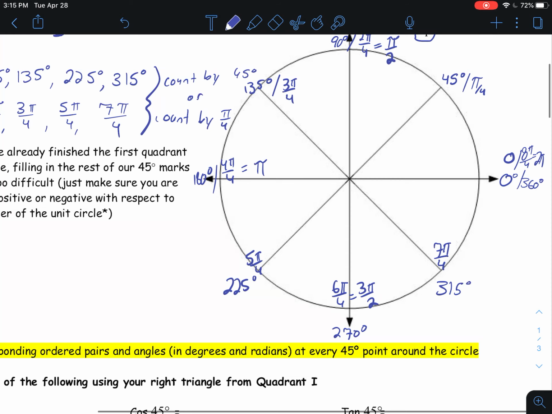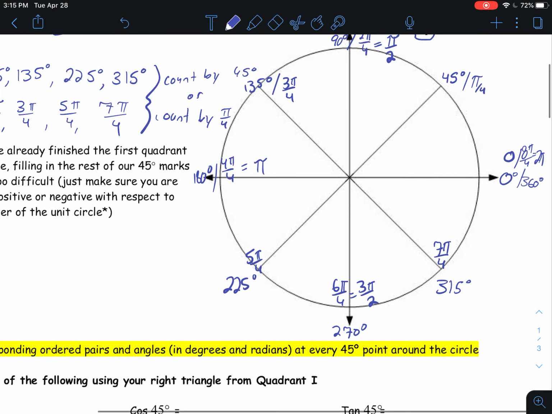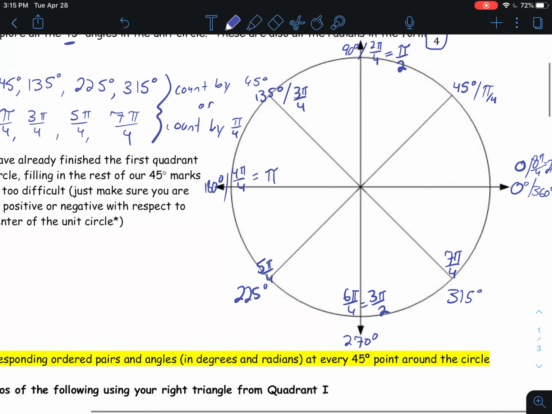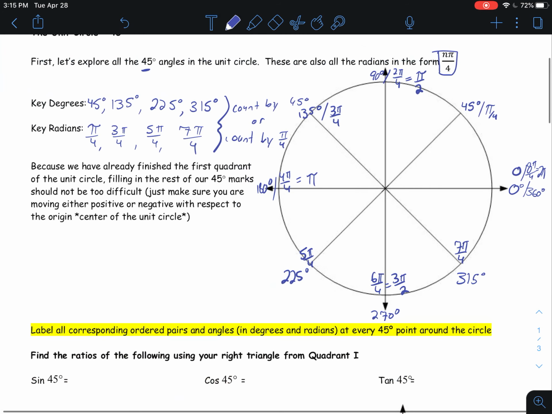So that is the easiest way to count around here and get our different pi over 4 measurements. So that's definitely the starting point for knowing all of the angles in the unit circle, is knowing what to count by. Okay, so then I'm going to come through here and actually erase all of those that I just wrote down.